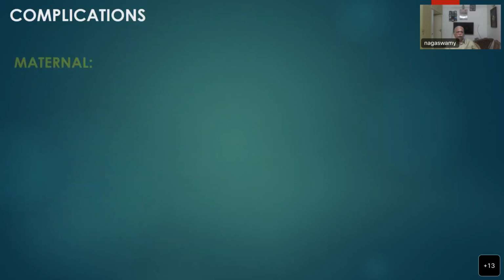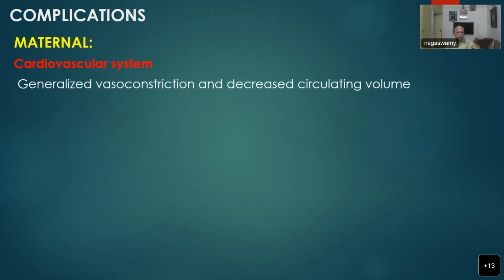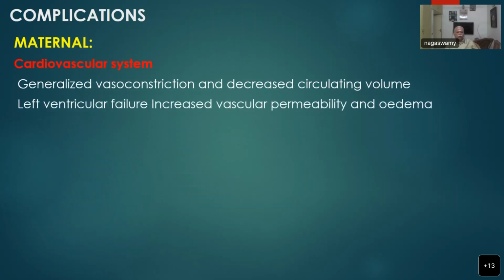The complications, again going back to that, in maternal cardiovascular system, you can get generalized vasoconstriction and decreased circulating volume because the vascular tree is constricted. Most of the hypertensives will have this problem. There will be generalized vasoconstriction and circulating blood volume will be low. And left ventricular failure caused by increased vascular permeability and edema.